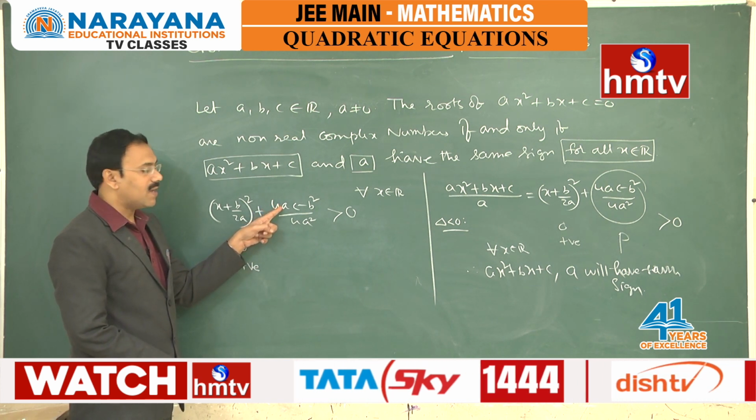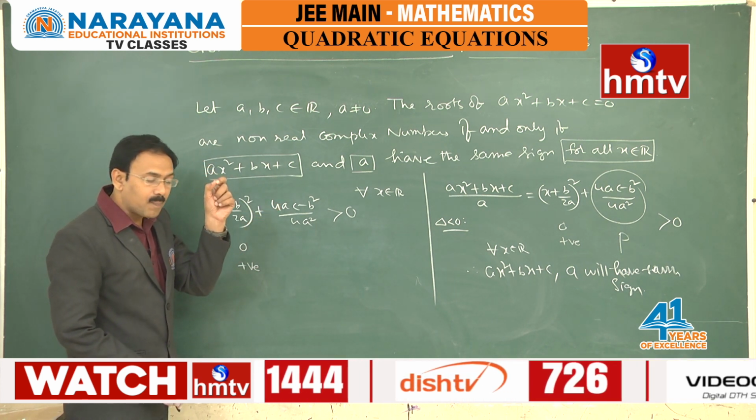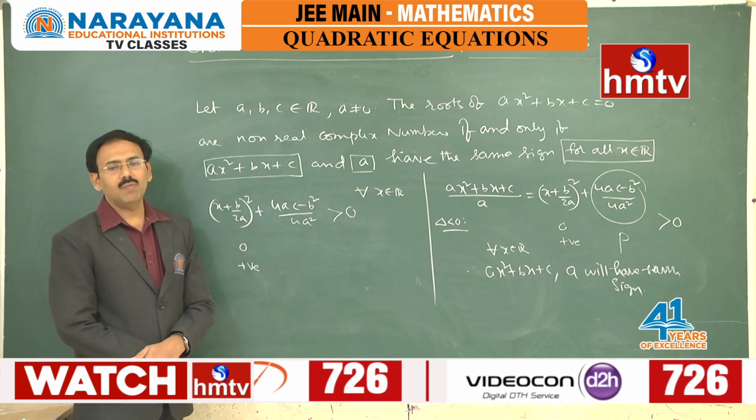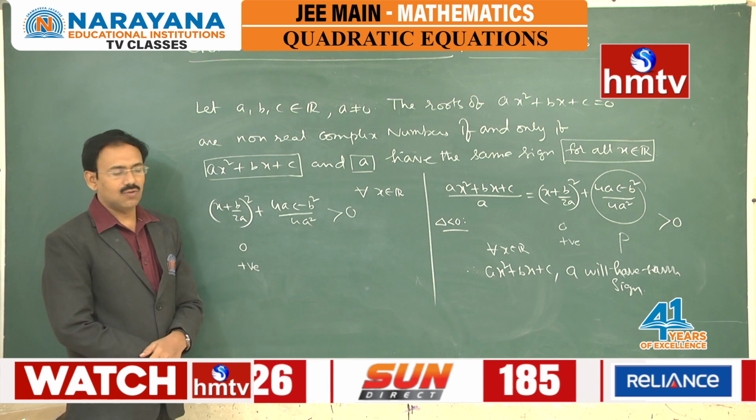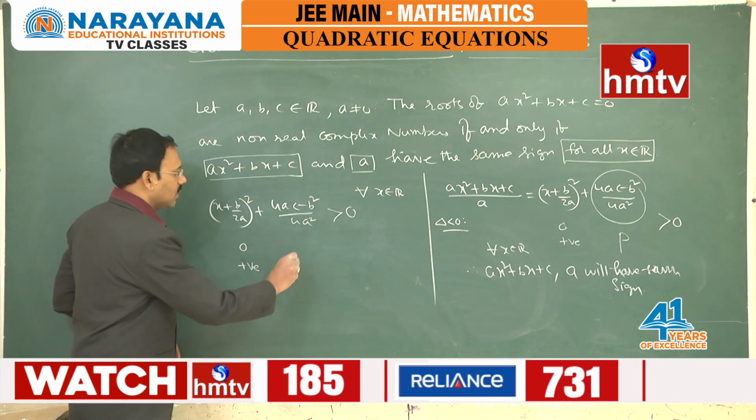If 4ac minus b square is definitely positive, then only the result will be positive. Even if it is 0, there is a possibility of getting 0, but we have to get positive.